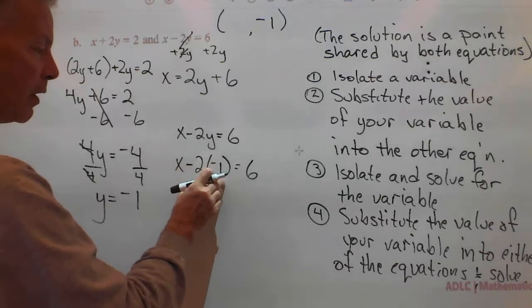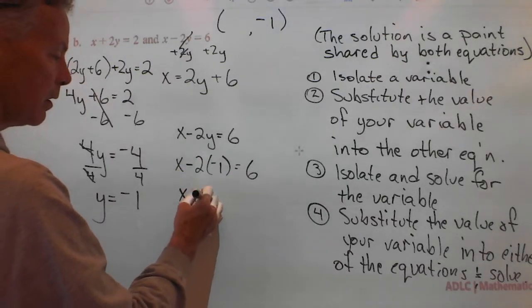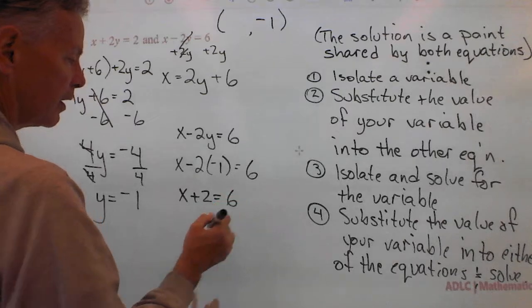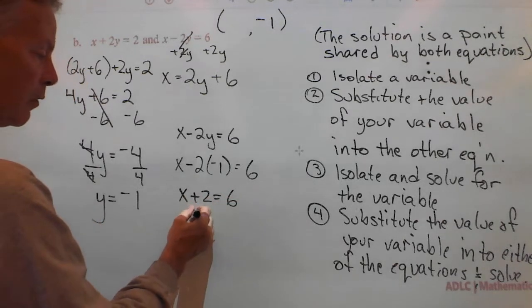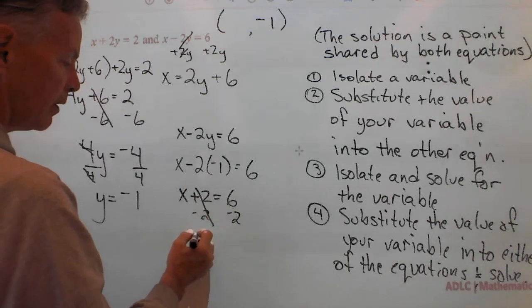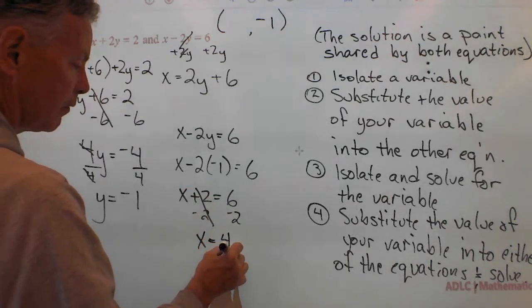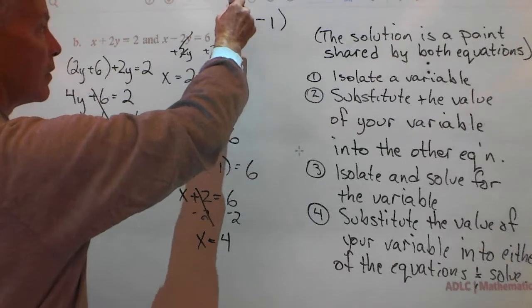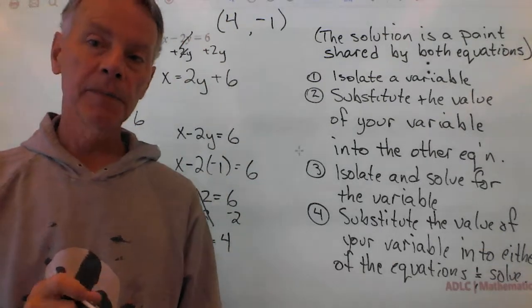Simplify, minus 2 times minus 1 is plus 2, equals 6. Get rid of that 2 by subtracting 2 from both sides, and I end up with x equals 4. And that's my value for x. Okay?